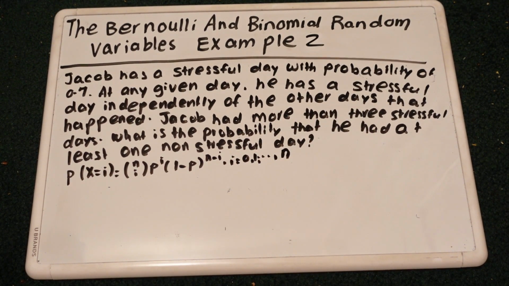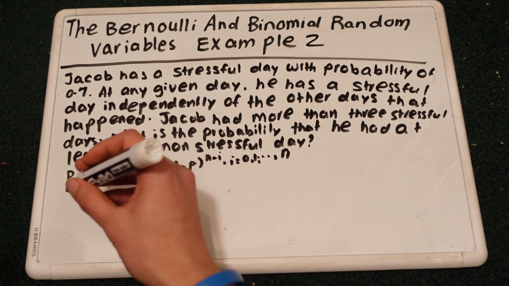This is a binomial random variable with parameters 7 and 0.7. In other words, n is equal to 7 and p is equal to 0.7. And let X be the number of stressful days.